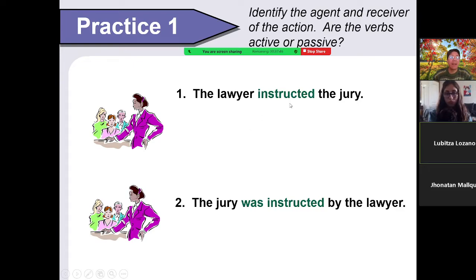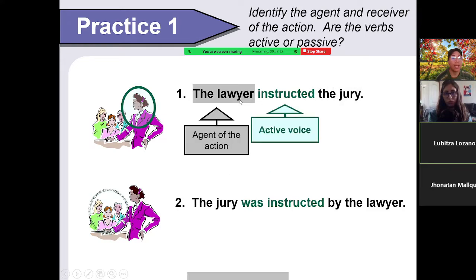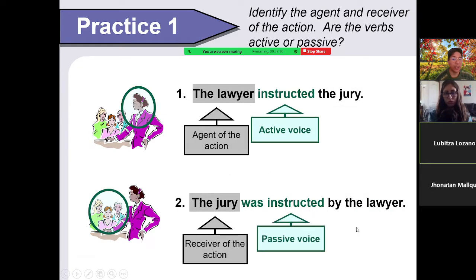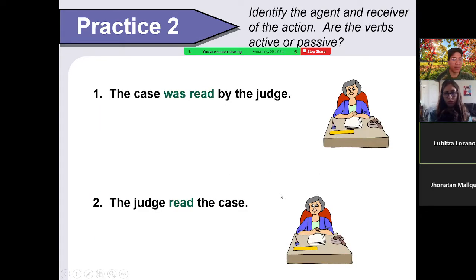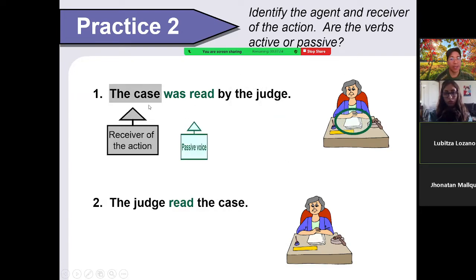So identify the agent and the receiver in the sentences. Okay, in the first one: the lawyer instructed the jury. Active or passive? This voice is active. And the last one is the passive. This is the agent and this is the receiver. Okay, the case was read. Sorry, this is the receiver of the action.